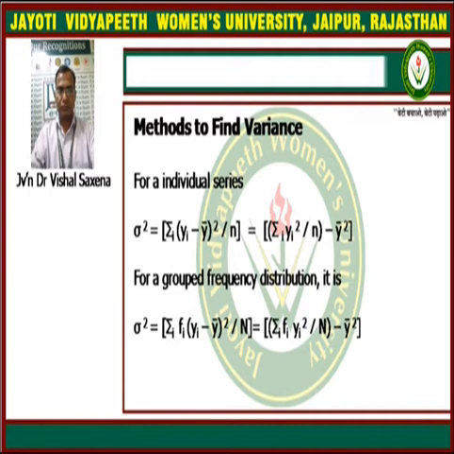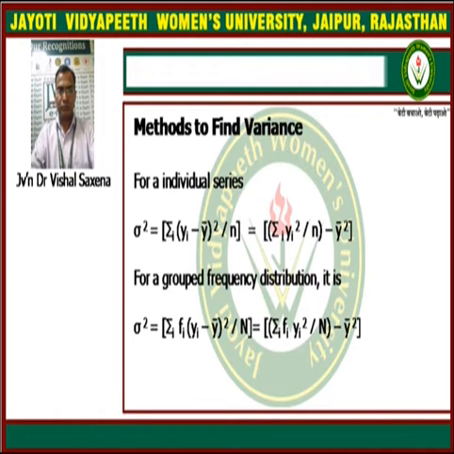In the initial slide, we have the formula or the method to find the variance. Variance is written as sigma square, because sigma is the notation for the standard deviation. Sigma square is given by summation of yi minus y bar whole square upon n, and this is equal to summation of yi square upon n minus y bar whole square.